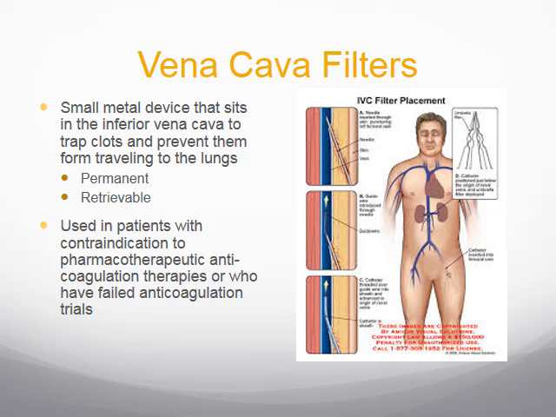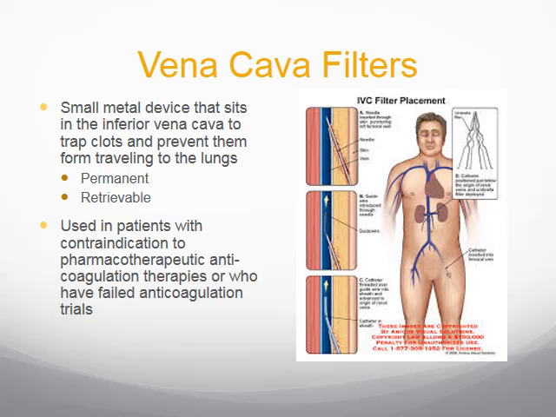So vena cava filters. Vena cava filters, like I said, are mostly used for PE prophylaxis. However, they can be used in patients that have a contraindication to pharmacotherapeutic anticoagulation and mechanical prophylaxis is not working.